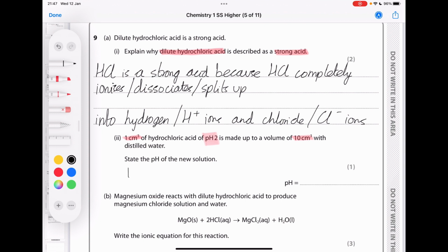So if I've gone from 1 centimetre cubed to 10 centimetres cubed, this has got 10 times less acidic, and therefore I have gone from pH 2 to pH 3. Because 1 pH unit is a 10 times difference in acidity, and if this has got less acidic, the pH is higher, so it's pH 3.